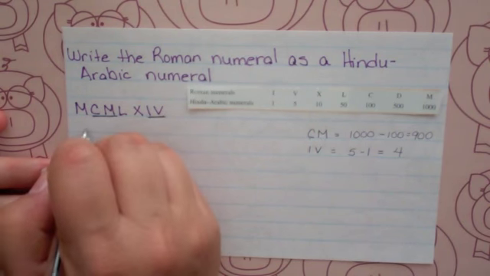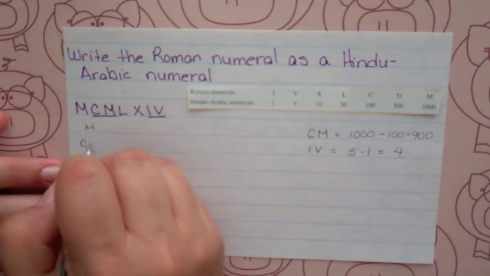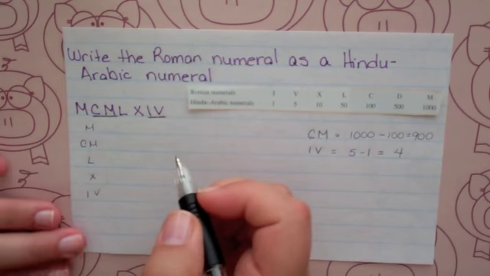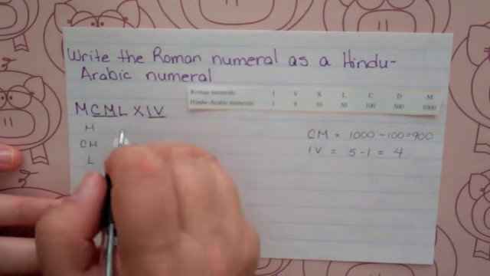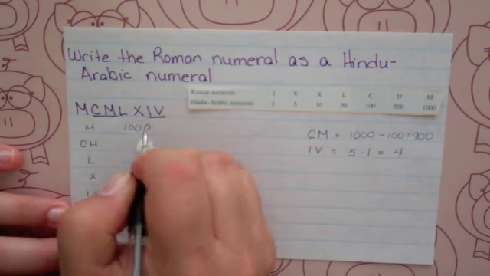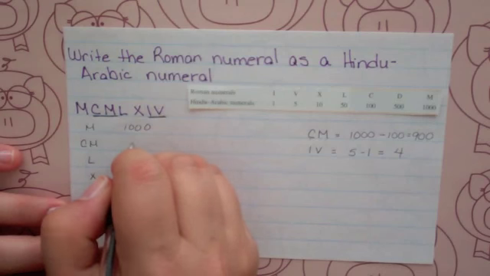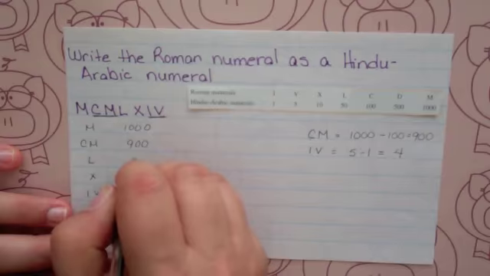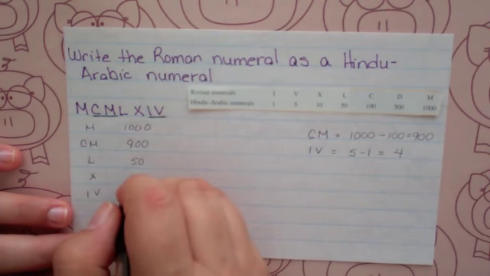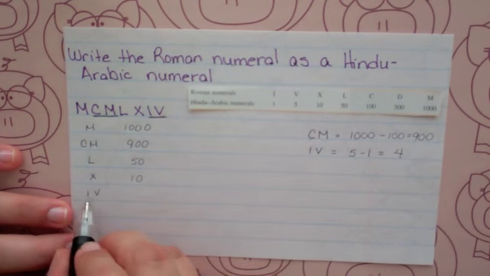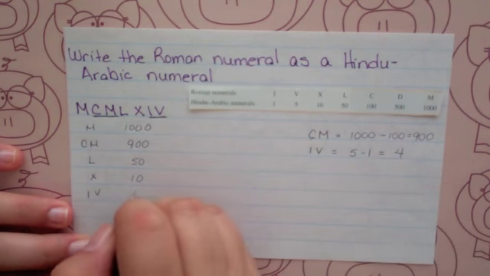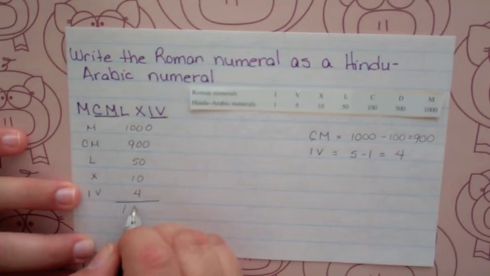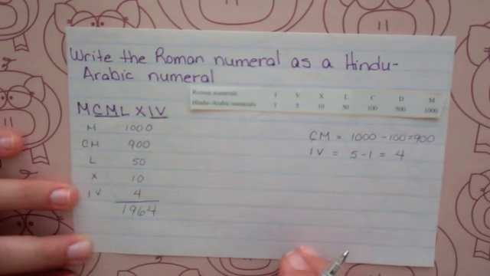So we have M, CM, L, X, and we have IV. M is 1,000. CM we just figured out is 900. L is 50, X is 10, and IV is 4. If we add that all together, we get 1964.